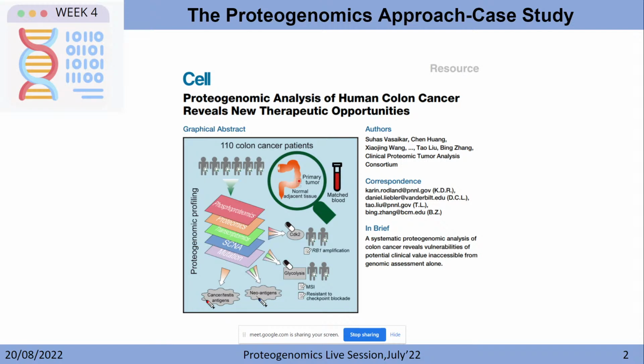So for the case study for today, we have the CPTAC paper, the proteogenomic analysis of human colon cancer. If we look at this paper, apart from genomics, mutation, copy number alteration and transcriptomics, they have also done proteomics and phosphoproteomics.